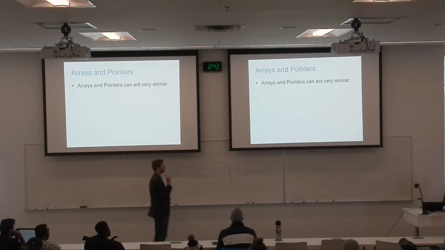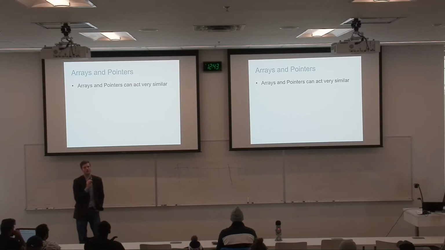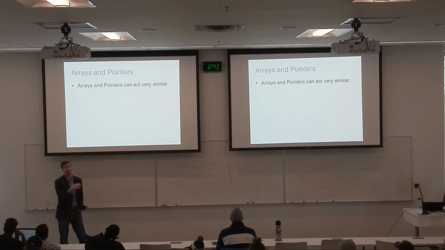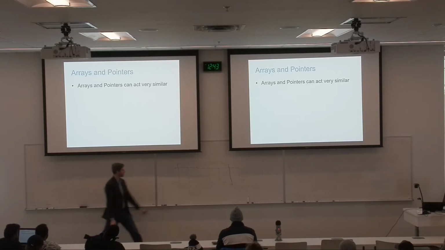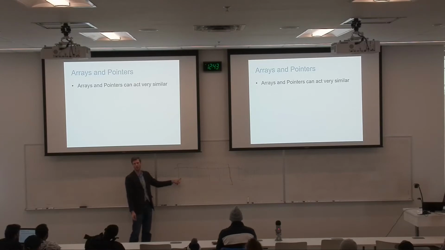If I have a pointer, and I add 0 to it, the pointer's going to be left alone, right? So imagine I point to this piece of RAM and then I add 0 to it. Where should I be pointing at the end? Same spot.